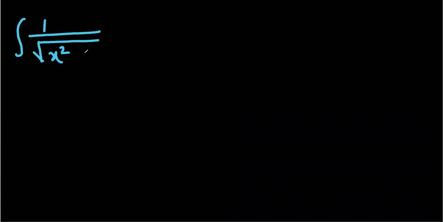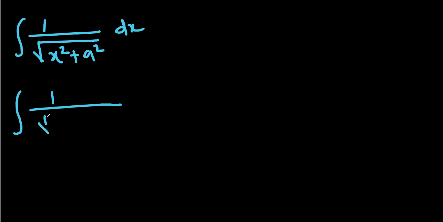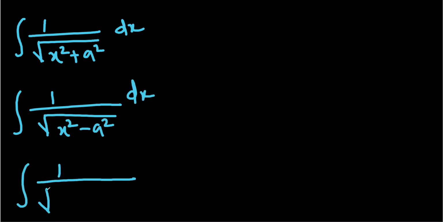The first one was the integral of 1 upon square root of x square plus a square dx. The second one is 1 upon square root of x square minus a square dx. And the third one is 1 upon square root of a square minus x square dx.